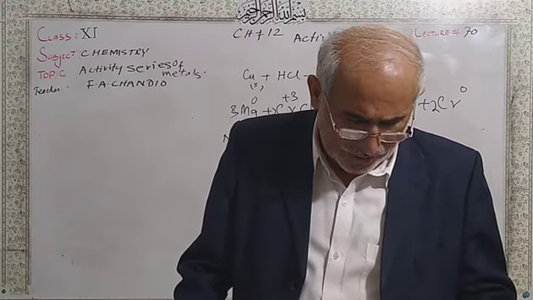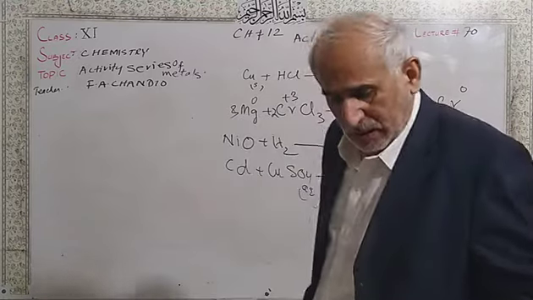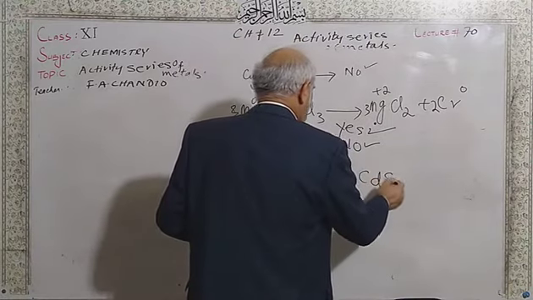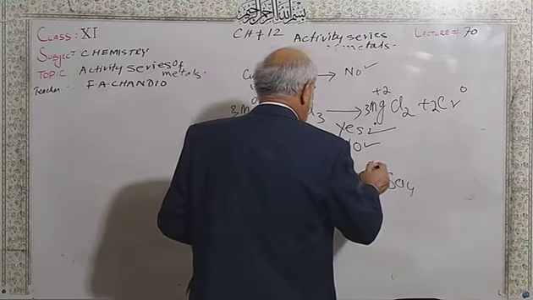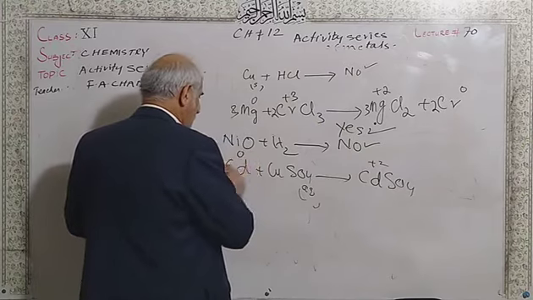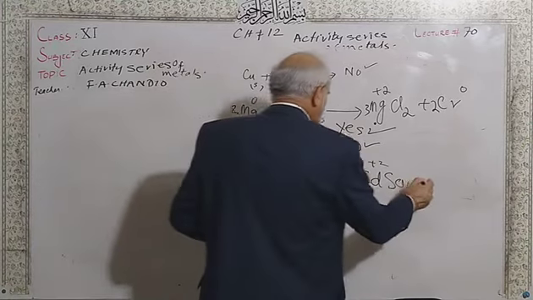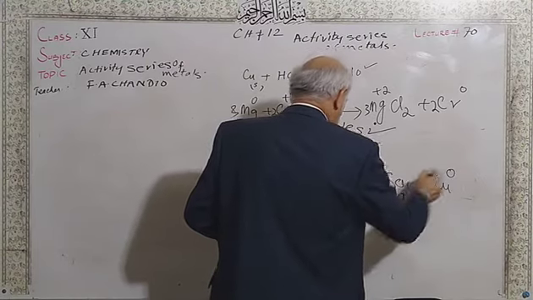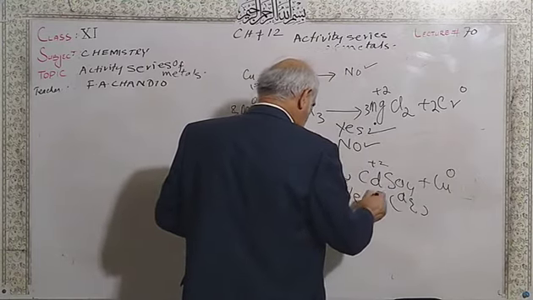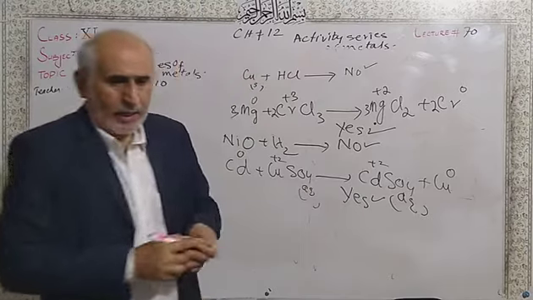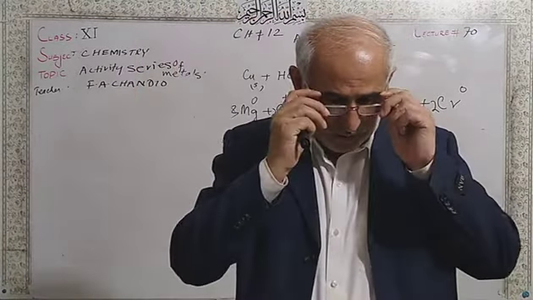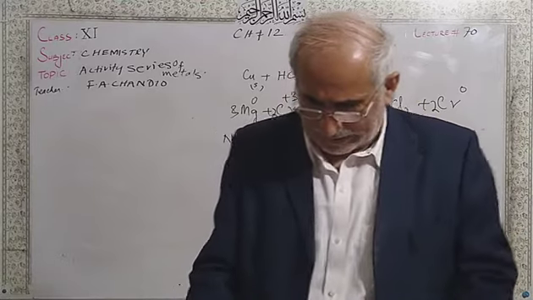Copper is a moderately noble metal, so yes, this can happen. You will get cadmium sulfate, so cadmium is oxidized and copper is reduced. So this chemical reaction is feasible according to the activity series of common metals, table number 12.2, page number 278.